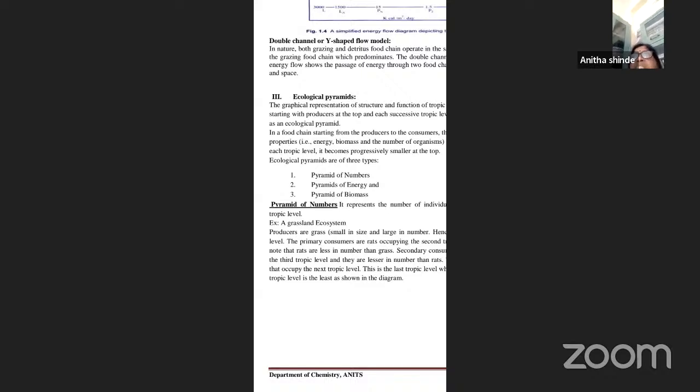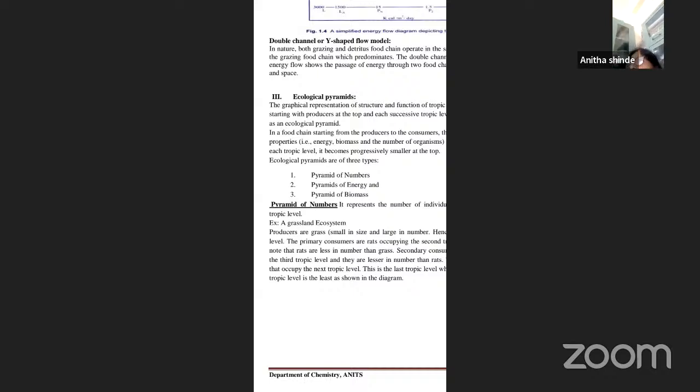Pyramid of number represents the number of organisms present in each trophic level. Suppose the food chain starts with grass. Though the grass is small in size, the quantity and the number are more. To eat that large quantity of grass, rats will come.